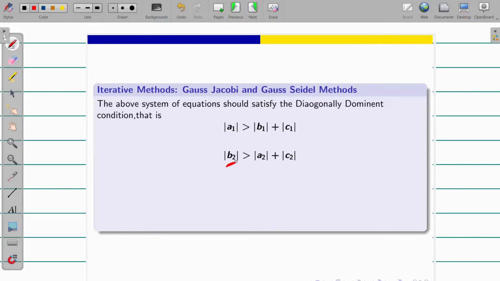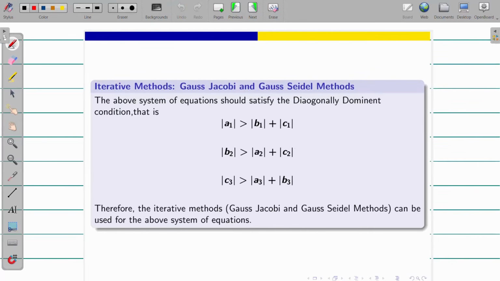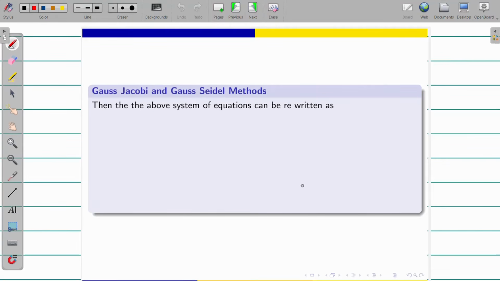Similarly, in the second row, the diagonal element should be greater than the sum of the other elements' moduli, and in the third row, the diagonal element should be greater than the moduli of the other two elements. If it is satisfying, then we can apply the Gauss Jacobi and the Gauss Seidel methods. Clear?